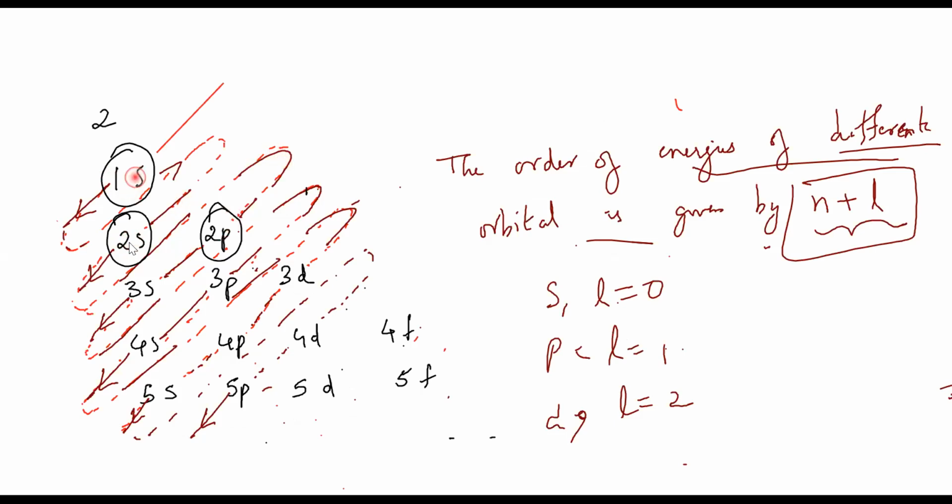After 1s I'm not directly letting 2p. After 1s it should be 2s, then 2p. If it has more electrons, it should follow this order. Is it clear now?